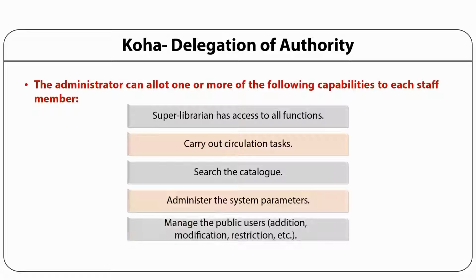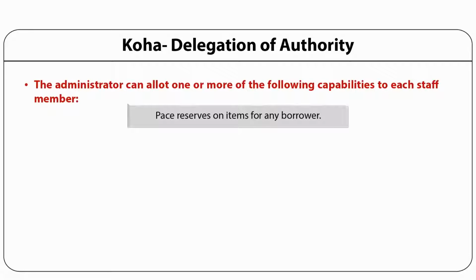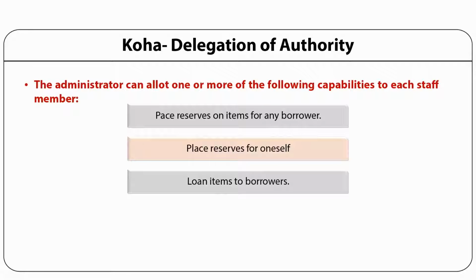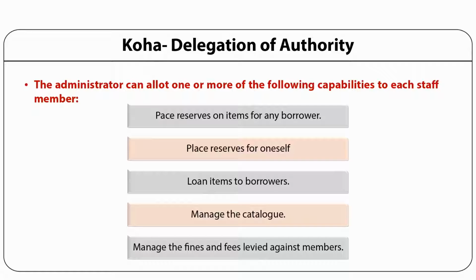One can manage the public users, like addition, modification, restriction, etc. One can administer staff access to functions. One can place reserves on an item for any borrower. One can place reserves for oneself. One can also loan items to a borrower. The user can manage the catalog, and manage the fines and fees levied against members.